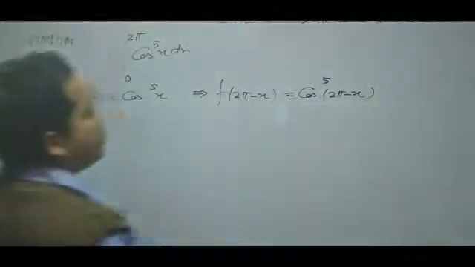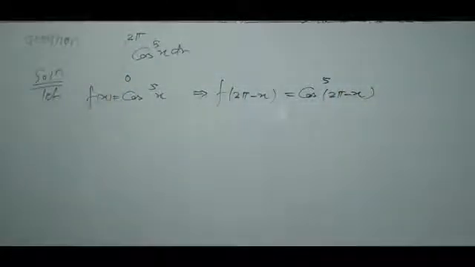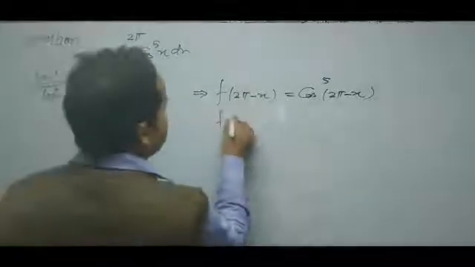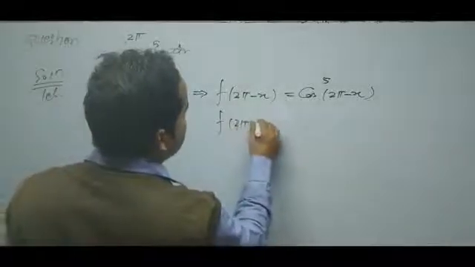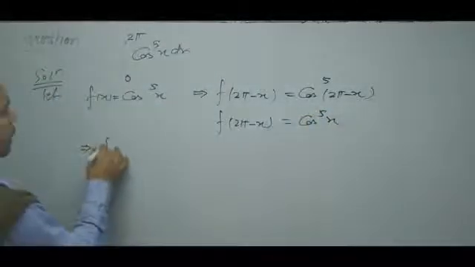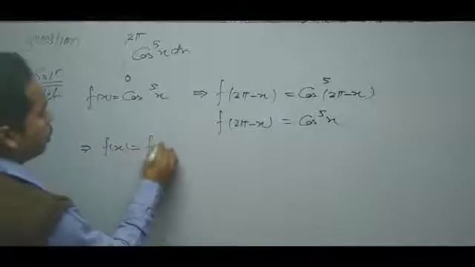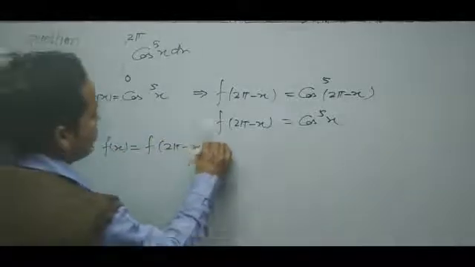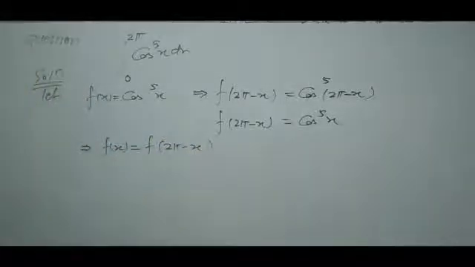And you know cos of (2 pi minus x) lies in the fourth quadrant, and in the fourth quadrant the value of cos is positive. So f of 2 pi minus x is cos to the power 5 x. This implies f(x) is equal to f of (2 pi minus x).